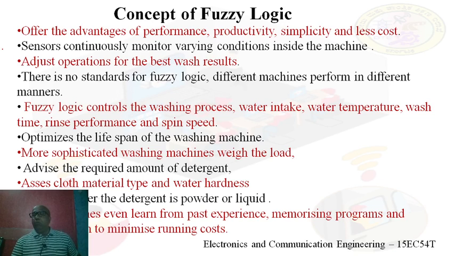Sensors continuously monitor varying conditions inside the machine and accordingly adjust operations for the best wash results. As there are no standards for fuzzy logic, different companies manufacture different machines in different forms, and they perform in different manners.